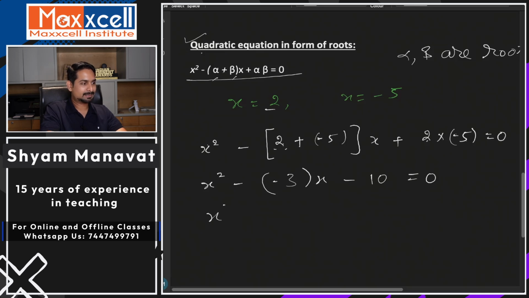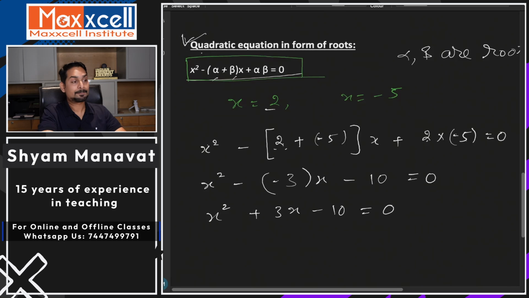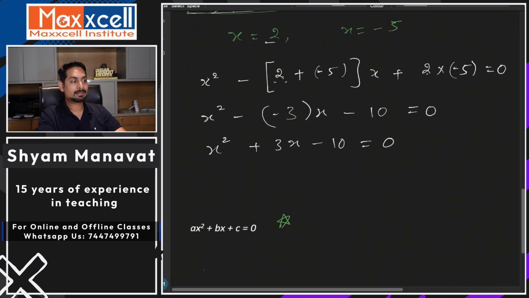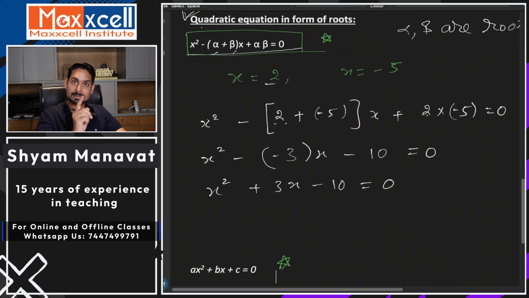This will get you x square, minus into minus will become positive, 3x minus 10 equals to 0. So if you have roots given, then this equation is a quadratic equation in form of roots. Note this down. And it's also important to note the standard form of quadratic equation. Write both of them.